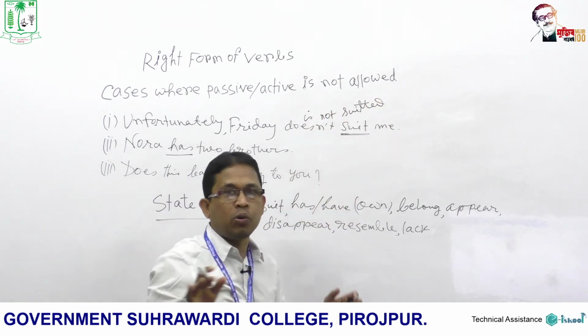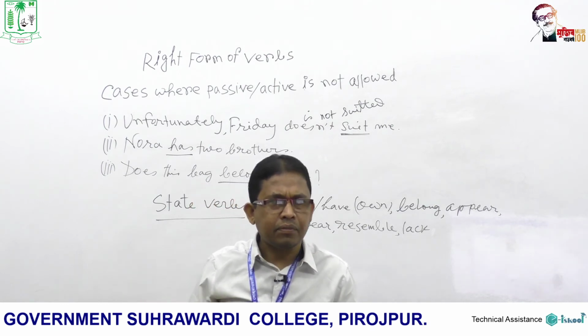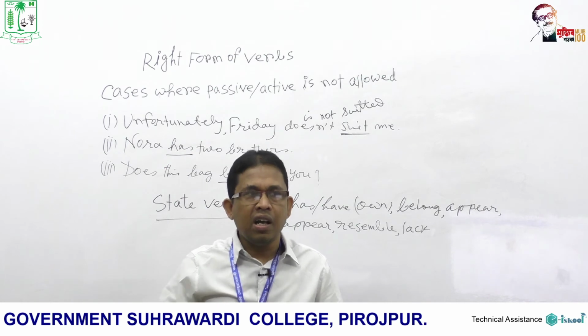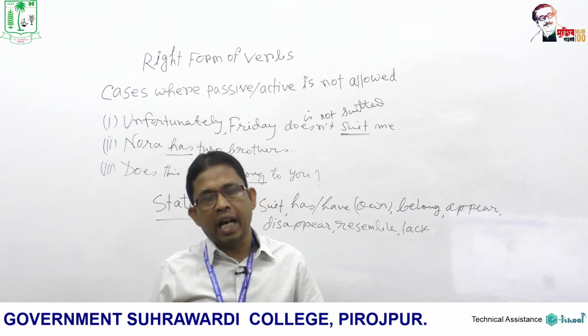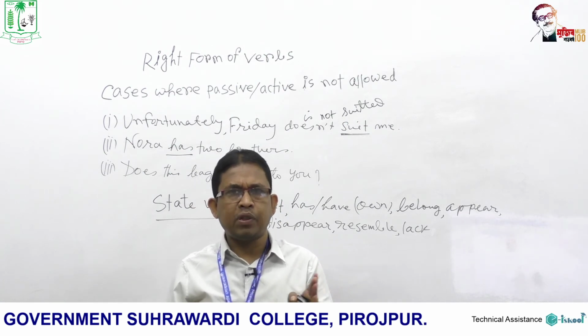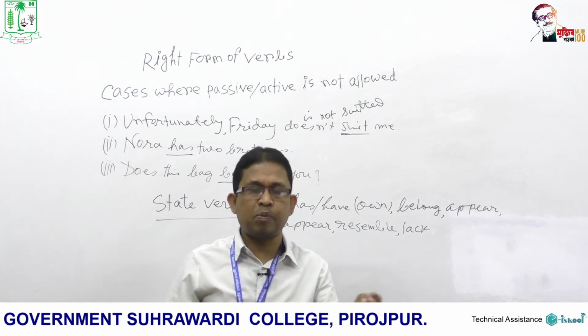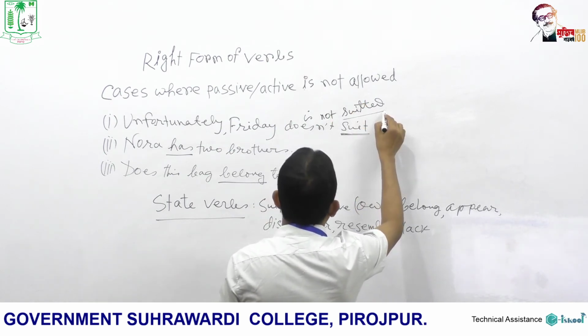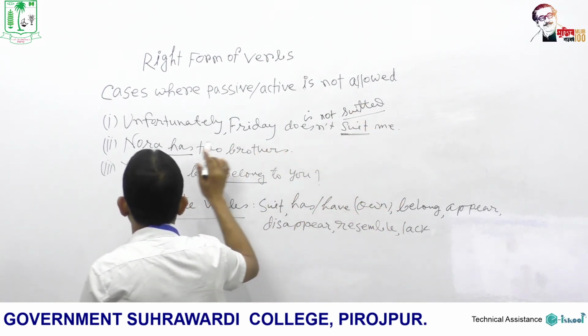Because as we have already said, the main feature of passive structure is that we have to use an auxiliary verb, and then that auxiliary verb is followed by the past participle form of the main verb. So, passive is not allowed here.